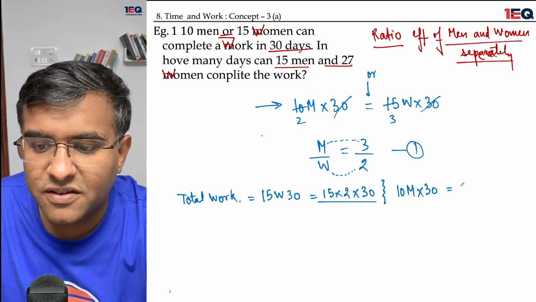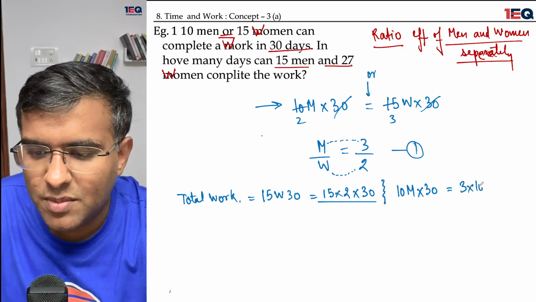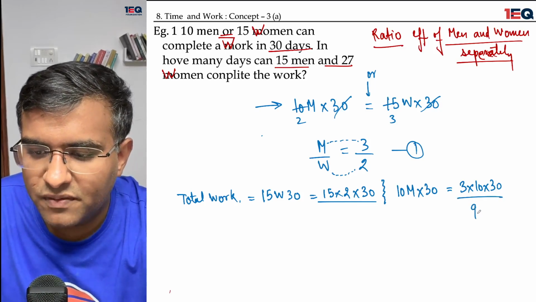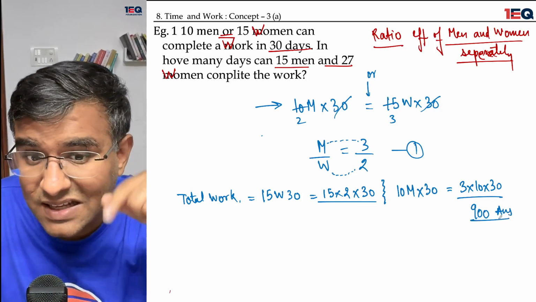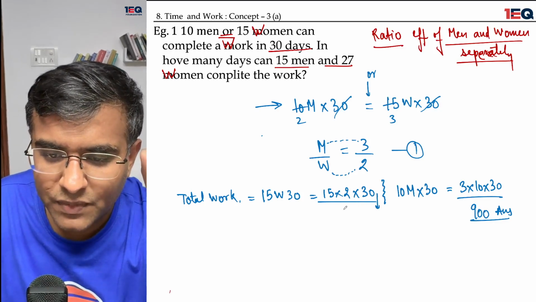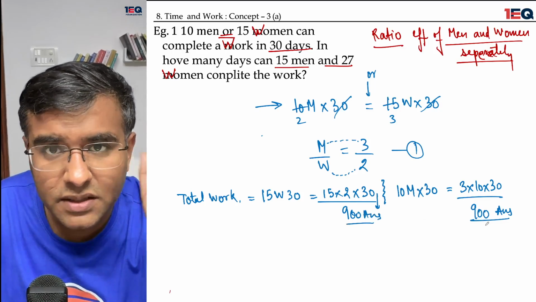What is the efficiency of men? The efficiency of men is 3. So 3 multiplied by 10 multiplied by 30. This gives me the output of 900. This is not the final answer, this is the answer in the middle. Here also, the total work comes out to be 900.